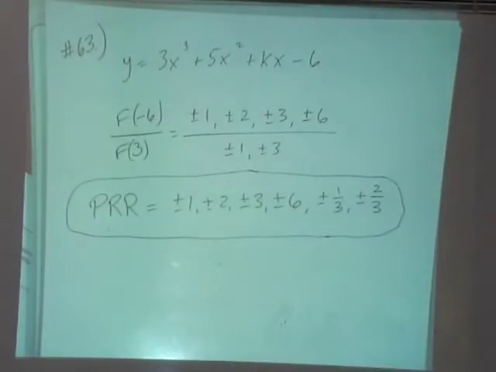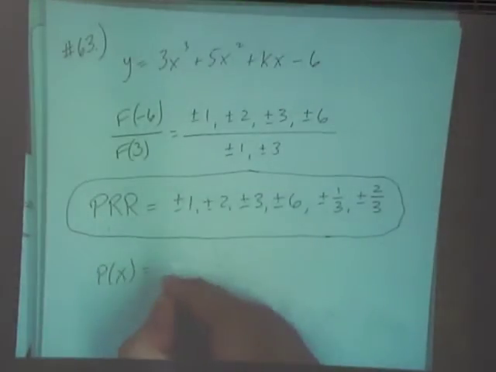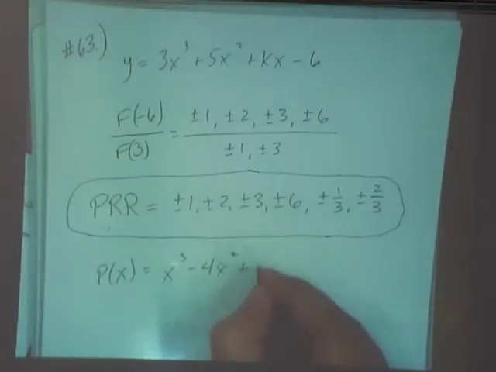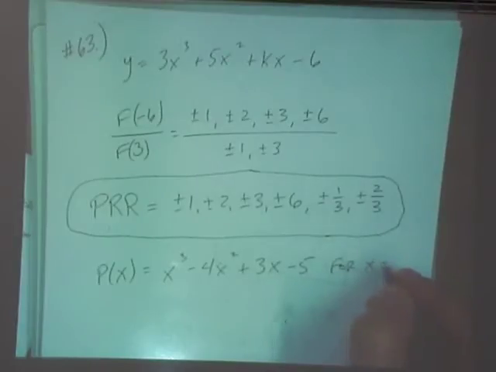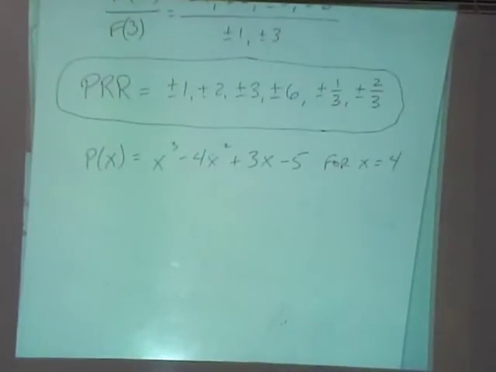Use synthetic substitution to evaluate the polynomial for the given value. They tell us that p of x is equal to x cubed minus 4x squared plus 3x minus 5 for x equals 4. Now what do we do? We could plug it in.